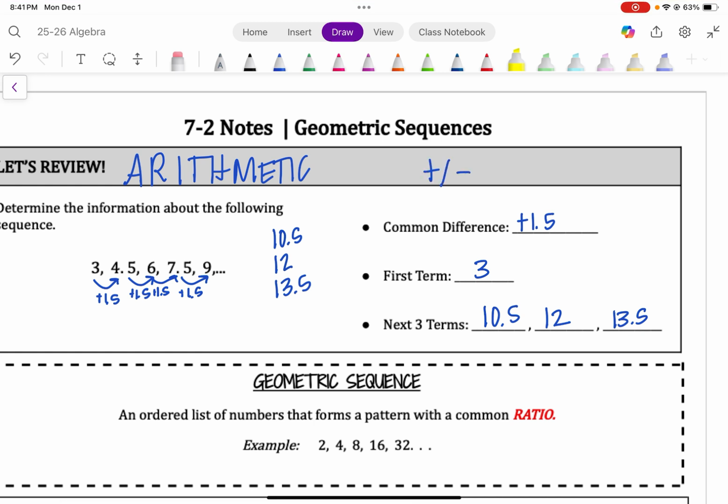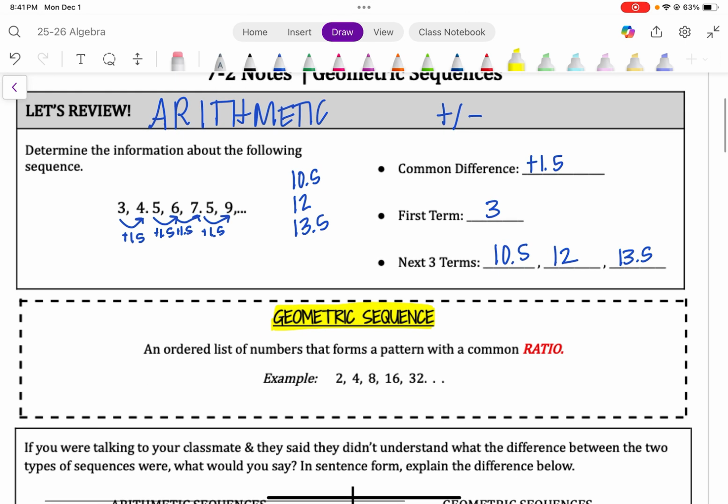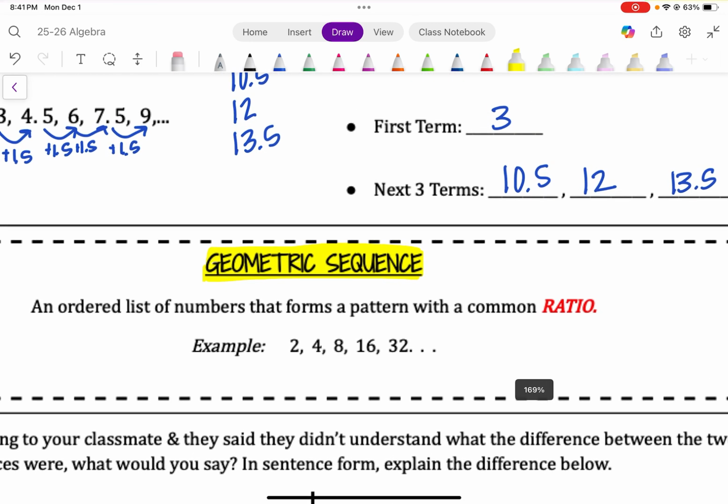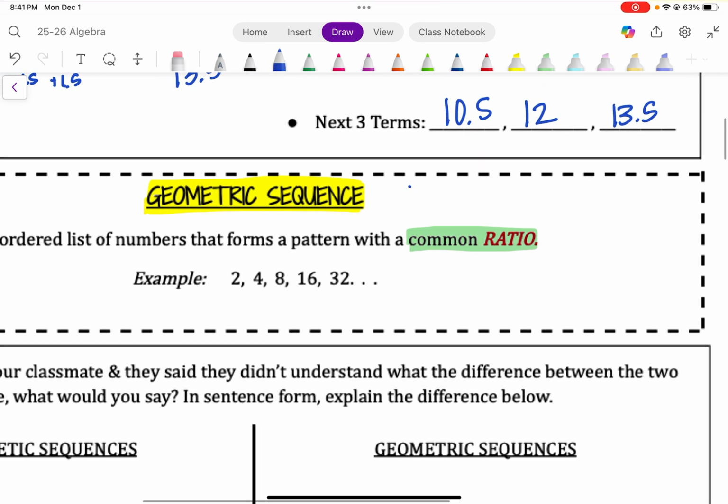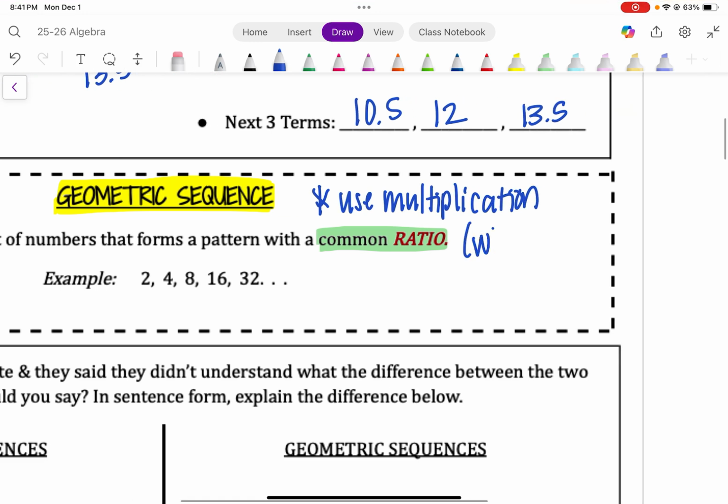Now, in this lesson, we're going to study geometric sequences. And geometric sequences are an ordered list of numbers that form a pattern with a common ratio. So instead of common difference, we're going to use a common ratio. And what's important to note here is that this is going to use multiplication, which will sometimes feel like division.